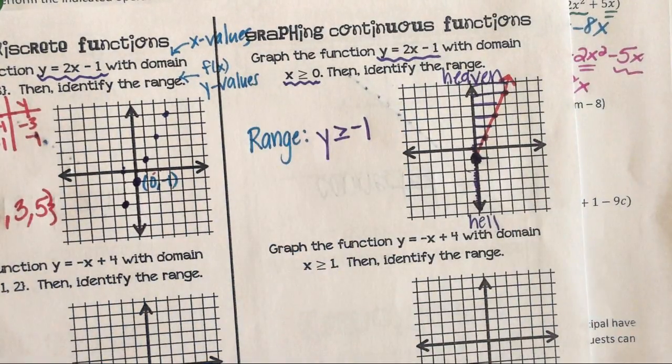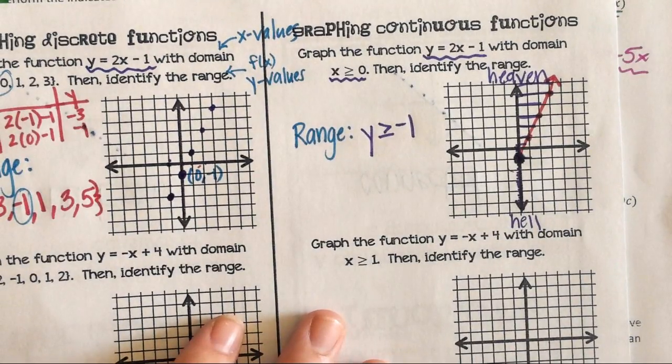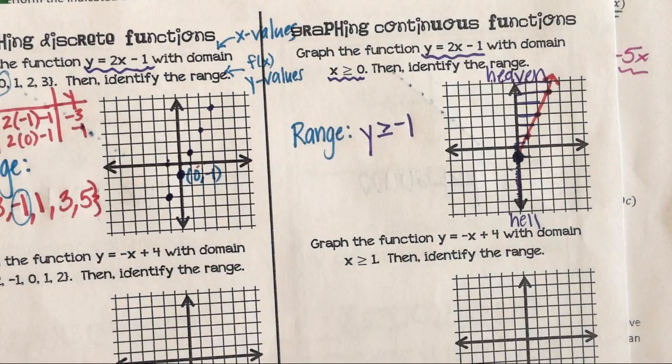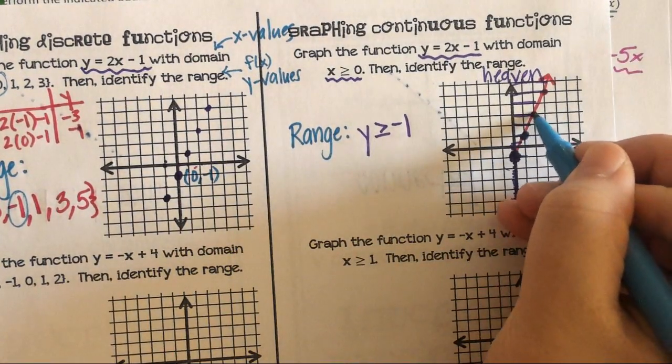And you would say, but Miss Compton, on our last one we made a list. How come we can't make a list on this one? That's a good question. It's because we connected the dots. When we connected the dots, because it was a continuous function, we stopped just allowing it at the points.